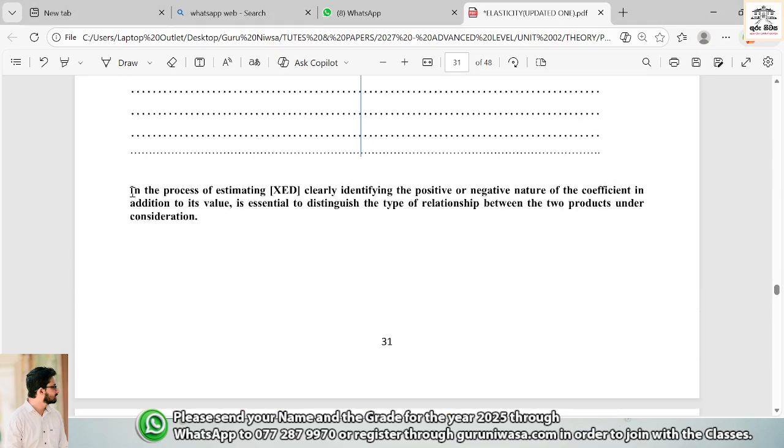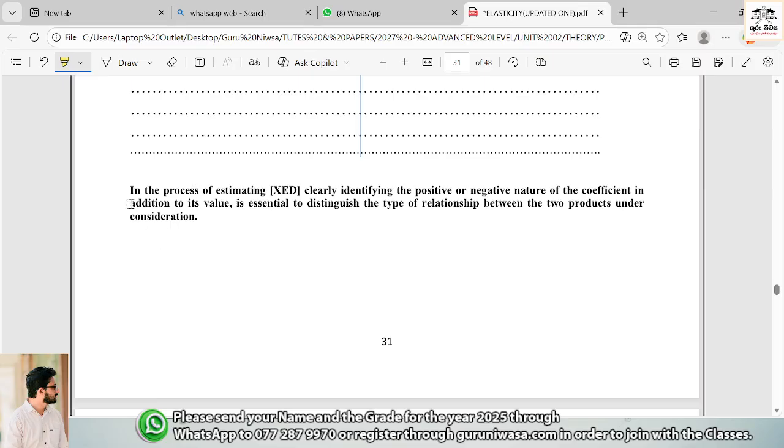Read this point, Lamai. Page number 31. In the process of estimating XCD, clearly identifying the positive or negative nature of the coefficient, in addition to its value, is essential. Remember, as I told you at the beginning, whether the XCD coefficient is positive or negative is so important.